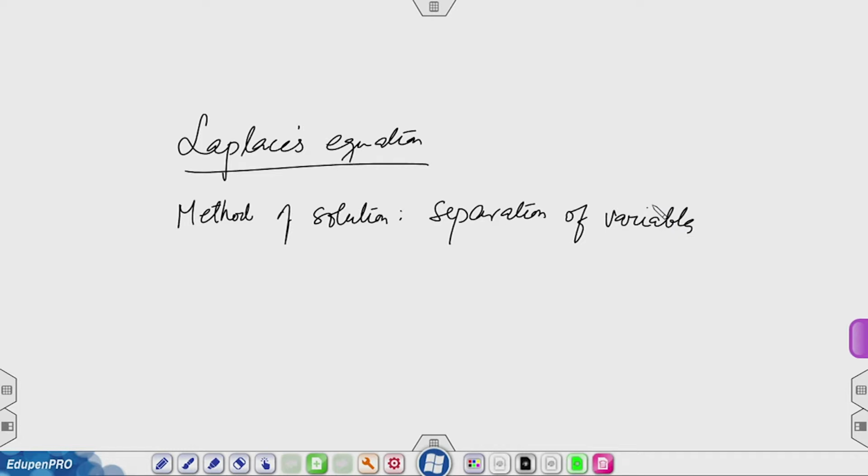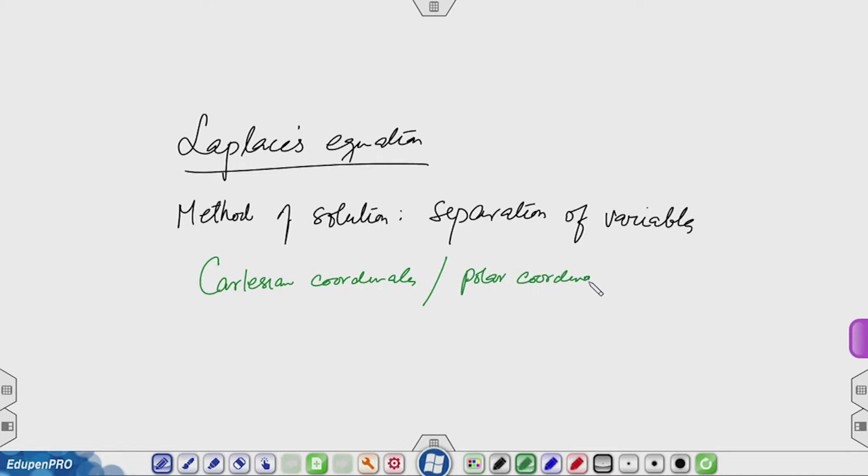And we have discussed solution in Cartesian coordinates, in polar coordinates, and spherical polar coordinates in 2 dimensions.